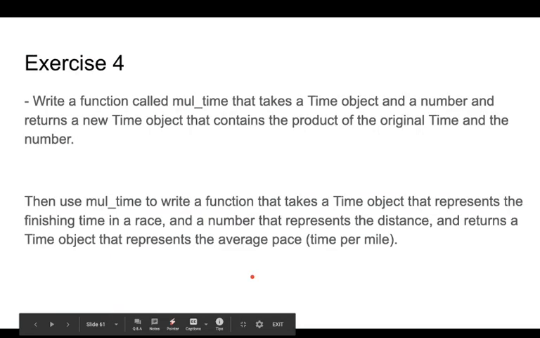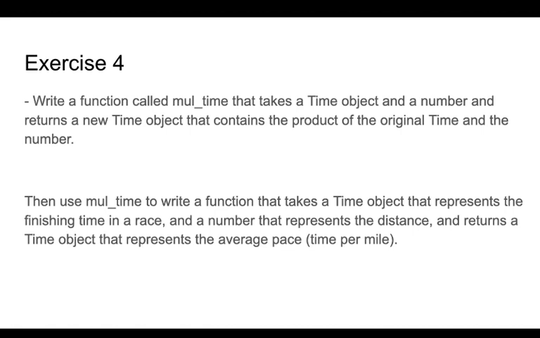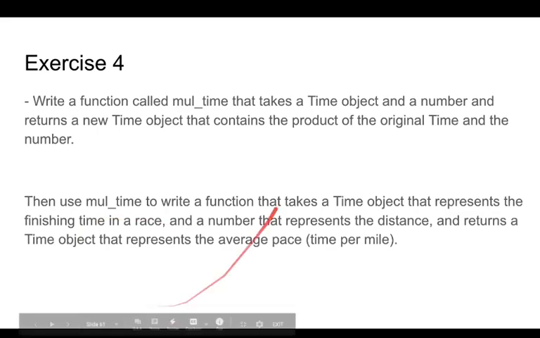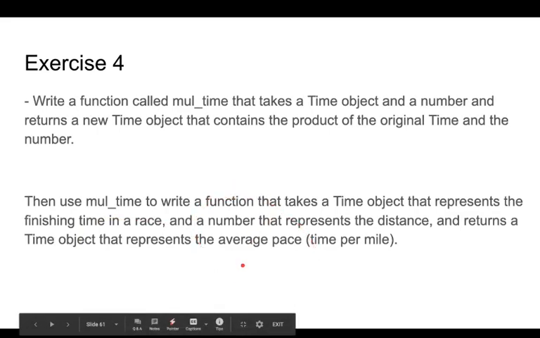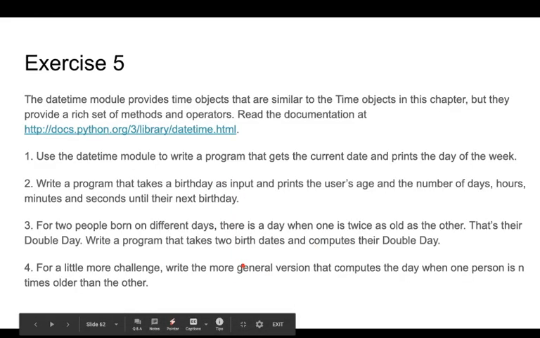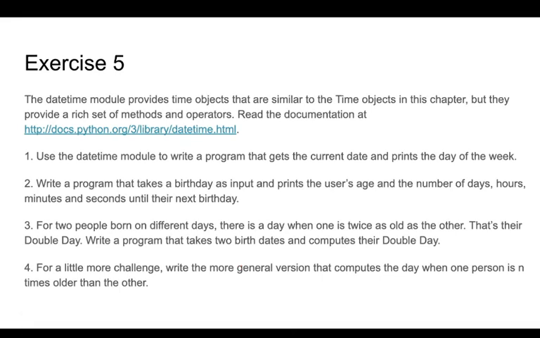So as an exercise, you may want to think about writing the multiply time function, where you take in a time object and some kind of number, and you're going to multiply that original time by that number. And some more stuff for you to try out. Short exercises. You can read here about the built-in datetime module, see how it's different than this time object we've created.